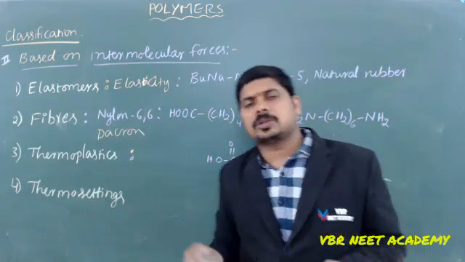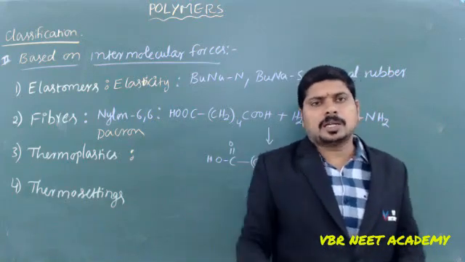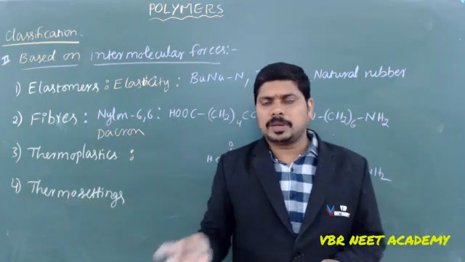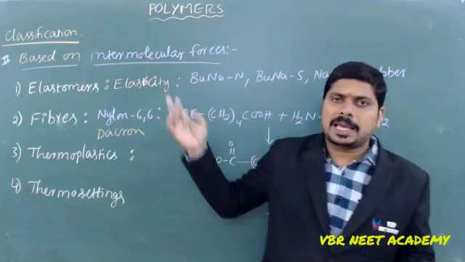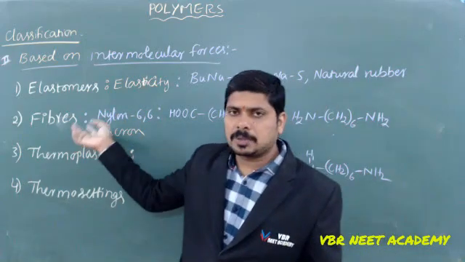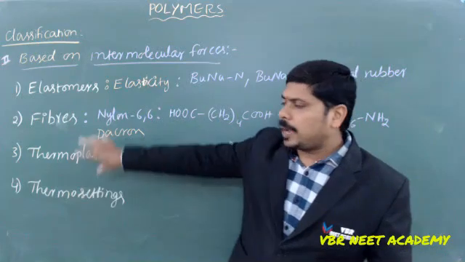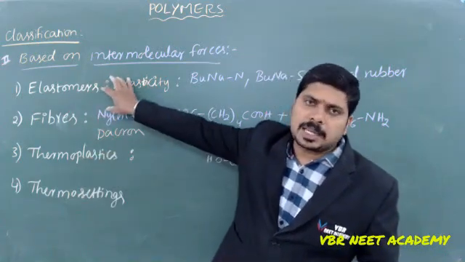So always you are going to get the question, what will be the order of intermolecular forces among the given ones? They will give one example for thermoplastic, one for elastomer, one for fiber. Then what order are you supposed to follow? Fibers are greater than thermoplastics, thermoplastics are greater than elastomers.